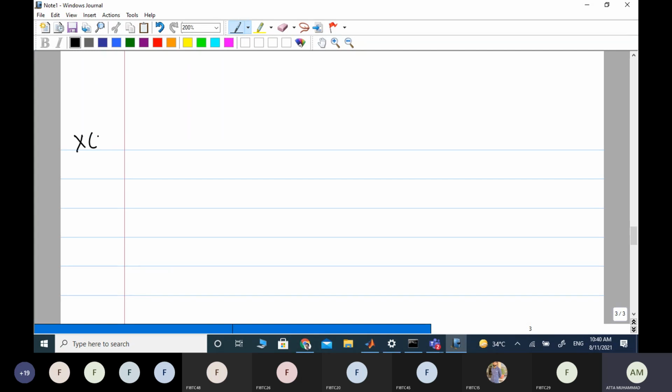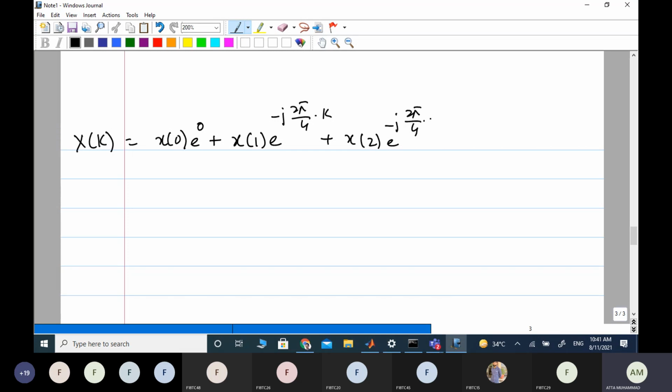So our X(k) is x(0) e to the power 0 plus x(1) e to the power minus j2π by 4 times k plus x(2) e to the power minus j2π by 4 times 2k plus x(3) e to the power minus j2π by 4 times 3k, right? Now we have computed it for k = 0, 1 and 2.